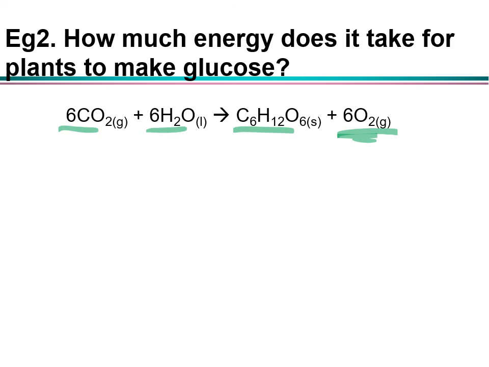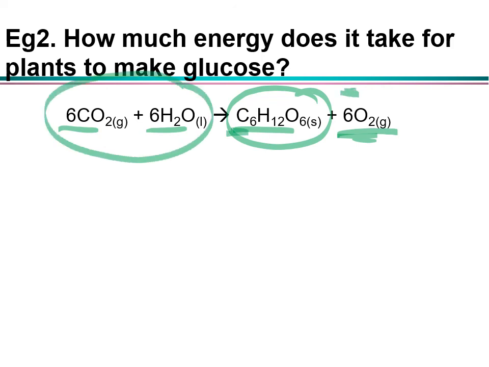But as long as you can find the other species in your heats of formation table, you can do it all in one step. So look up carbon dioxide heat of formation, look up water's heat of formation, and look up glucose heat of formation. And we're going to take glucose heat of formation, multiply by its coefficient, and subtract from that the reactants' heats of formation, and we should have the delta H of this reaction.